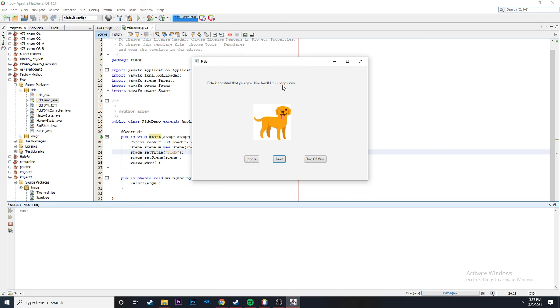So we can see how the different states impact how Fido behaves depending on what state he's in. We can see those different changes to his behavior, and that's why this is an example of the state design pattern.